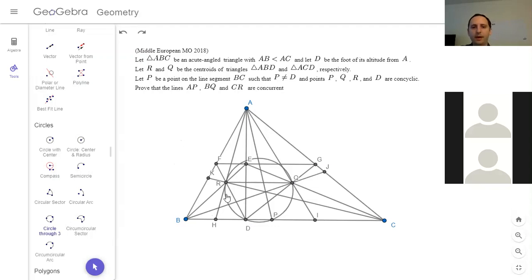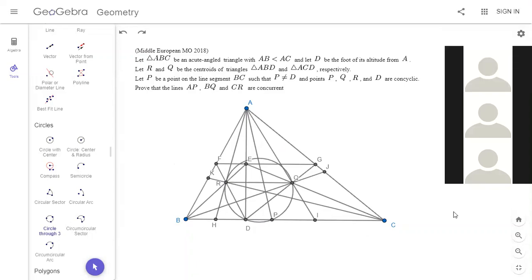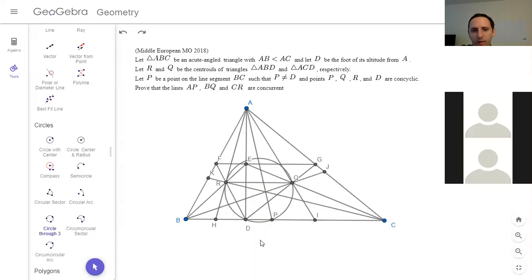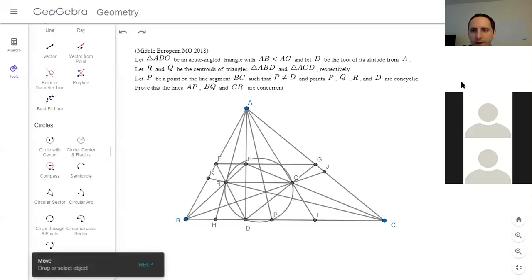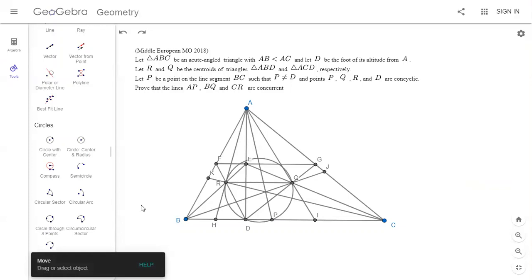So it's easy to see from that DQR is similar to ABC and DQR is congruent to PQR. So I think PQ is parallel to AB and PR is parallel to AC. And then by Desargues, that would solve it. So yeah, okay. So yeah, that solves it. So you could just use Desargues' theorem. You don't even need Ceva.